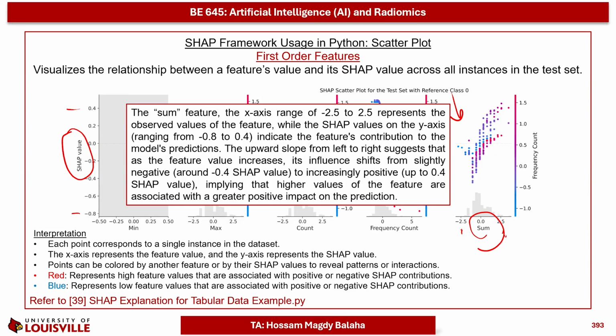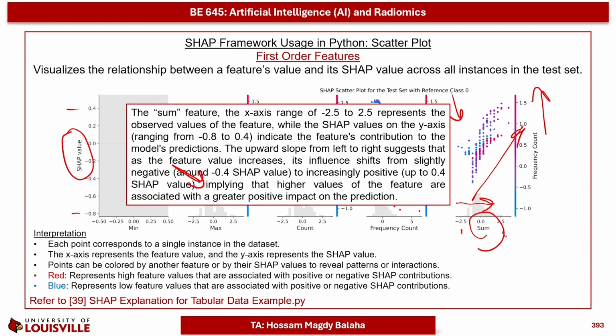And the trend here is it takes an upward slope from the left to the right, which means a positive slope. This means that by increasing the sum value, the corresponding SHAP value increases. And this implies that higher values of the feature are associated with a greater positive impact on the prediction.